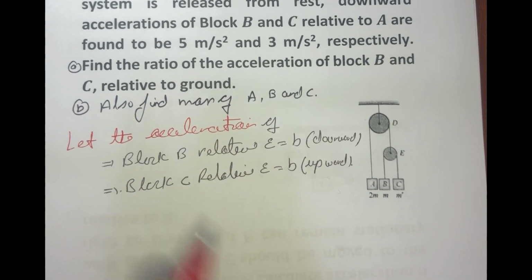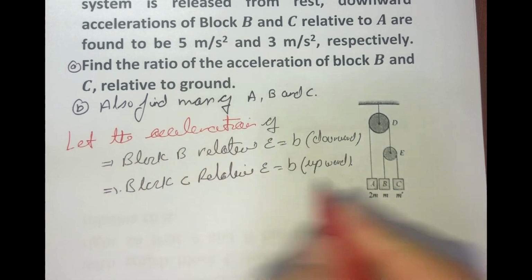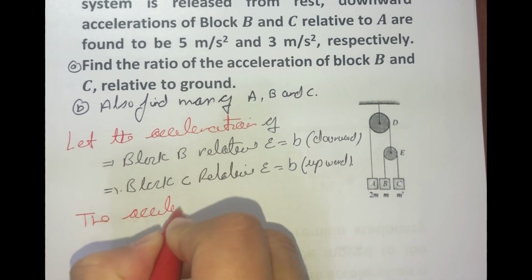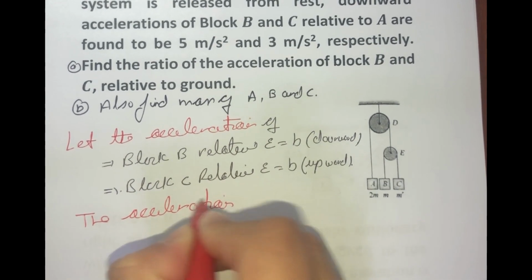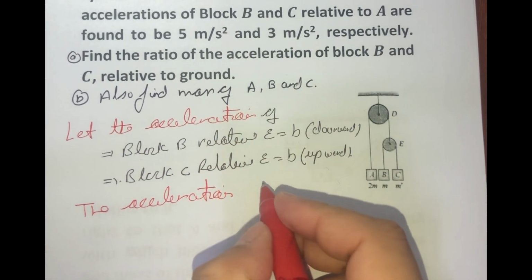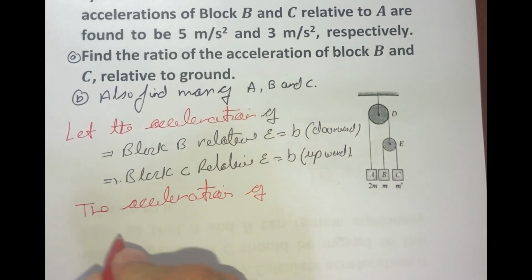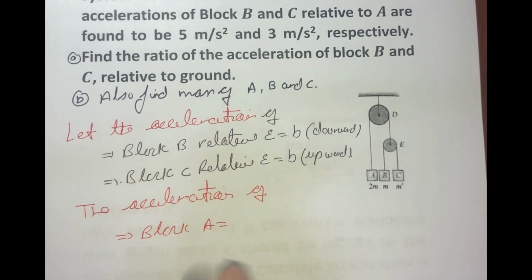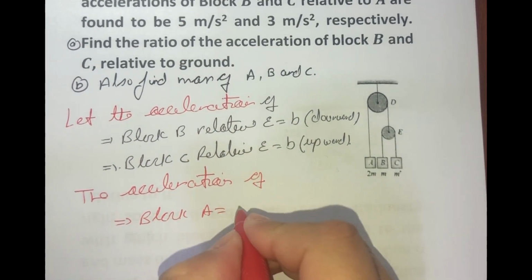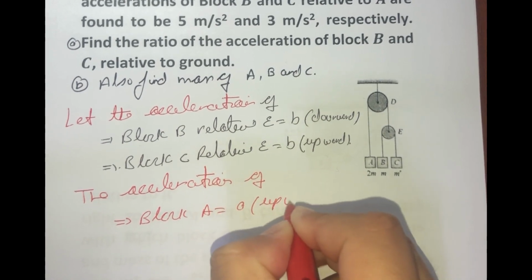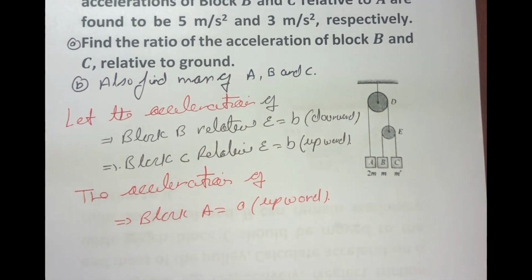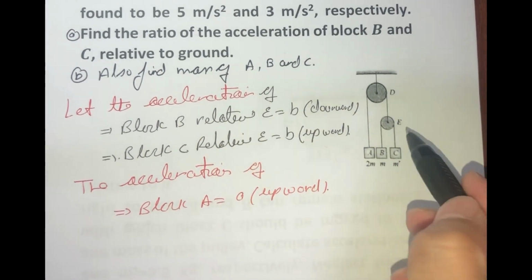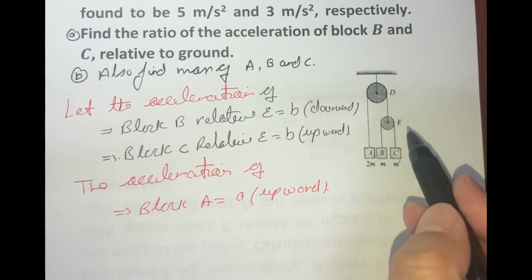And we also say that the acceleration of block A, suppose, is taken as a upward, and block A is connected with pulley E, so the acceleration of pulley E will be in downward direction but will be a.